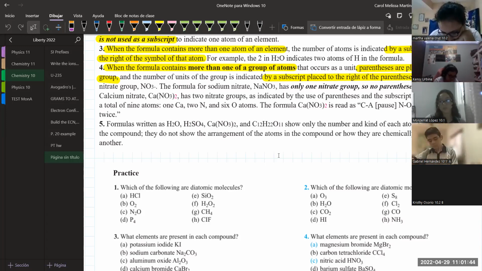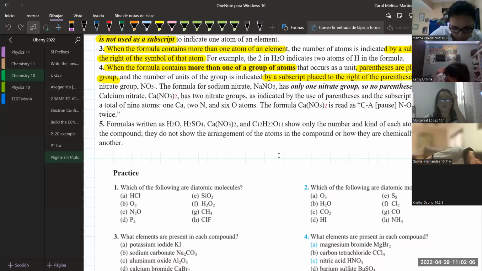And the formulas, okay, the formulas show only the number and kind of each atom. They do not show the arrangement of the atoms, okay? It doesn't show you how the molecule looks like. It's just telling you how many atoms are in a compound, what that compound is made of.